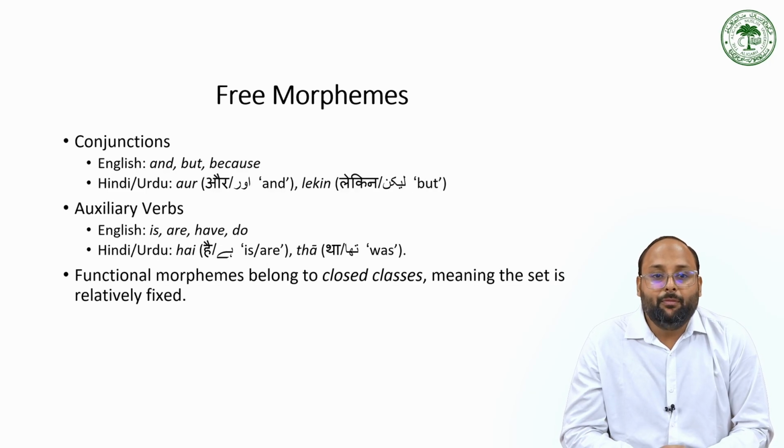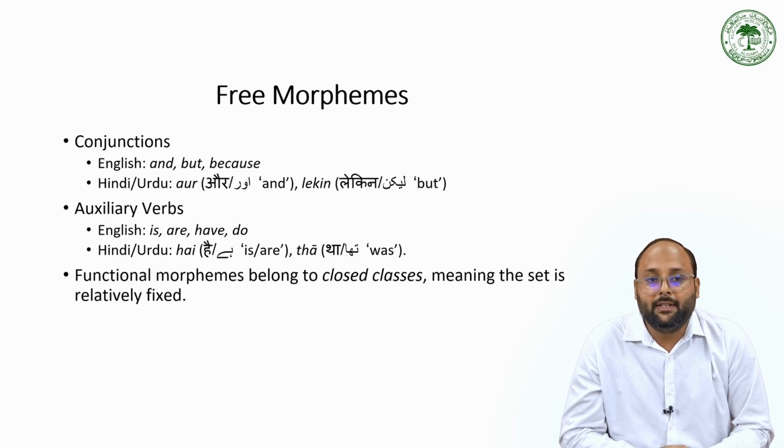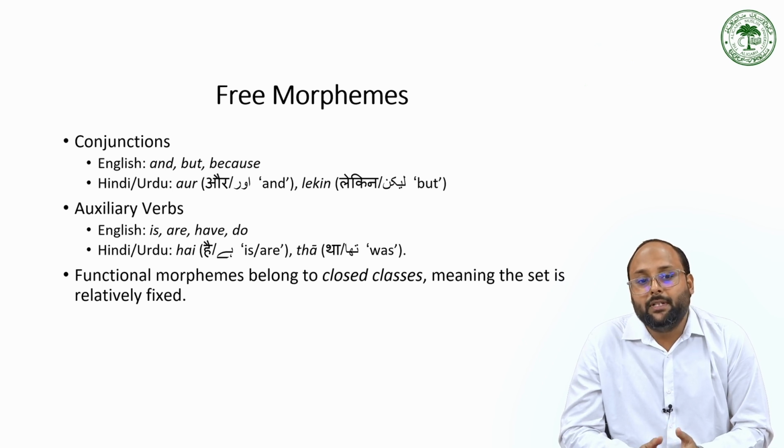Other examples of free morphemes are conjunctions and auxiliaries. In English, we have the words and, but, because, and in Urdu, we have aur, lekin, chunanche. All these words come under conjunction. In English, auxiliary verbs are is, are, have, do. In Hindi and Urdu we have hai, tha.